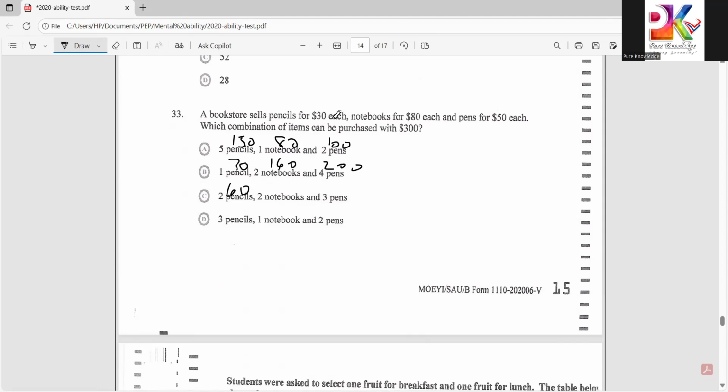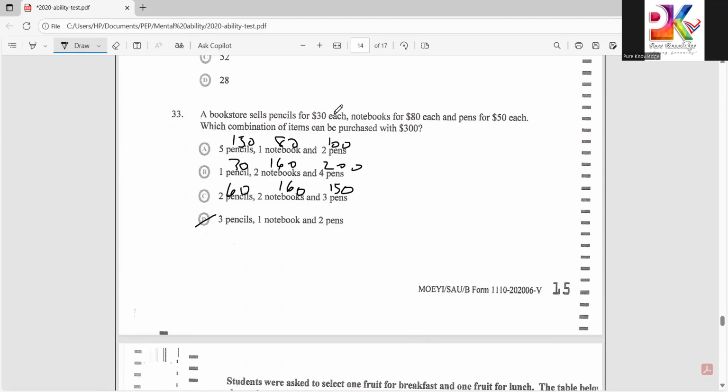Because remember, guys, we're going to double them based on the item. Then we say two notebooks. One is 80, so two is 160 again. 3 pens would be 150. So again, guys, you don't have to even add this, you know that this is out. So from all of these being out, we know that the answer is D.